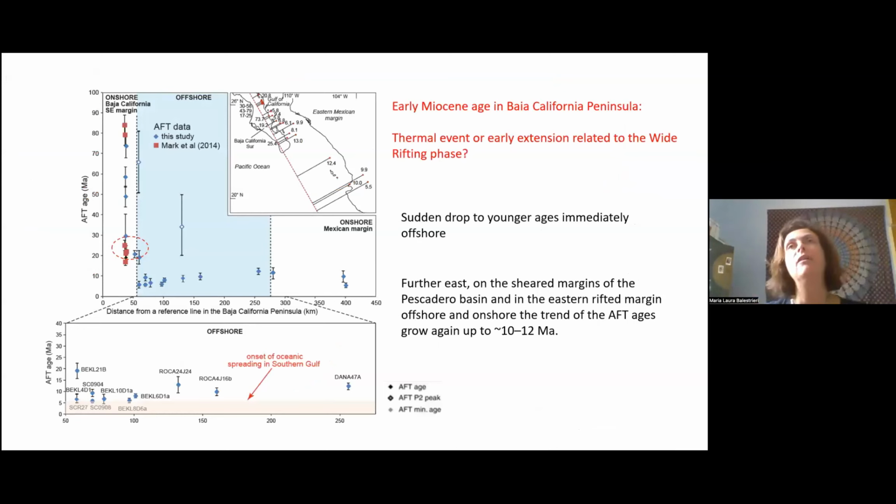To interpret all this variability of cases, we have plotted the data according to their distance from an imaginary line that is placed upon the rim of the escarpment of the high elevated rifted margin of Baja California. And we can see that we have this kind of trend.